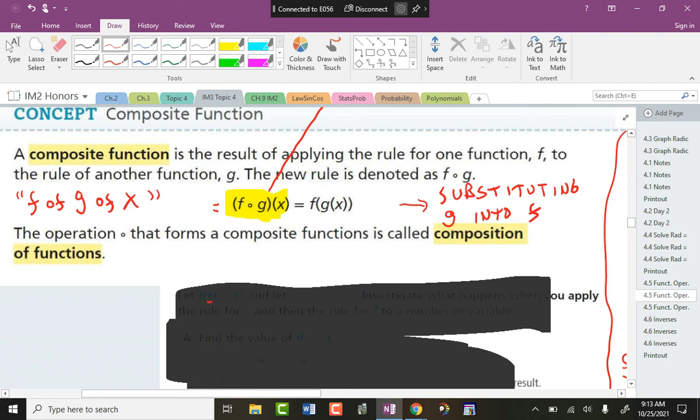That's really what a composition of functions is. You're using a substitution idea. The operation dot that forms a composite function is called composition of functions. Okay, great. So my words there, written in red, are the most important in that middle strip right here. The middle strip right there is the most important thing. And then I'll actually show you the operations of what happens.